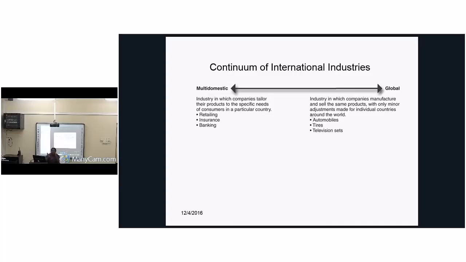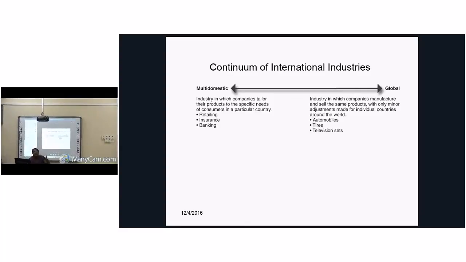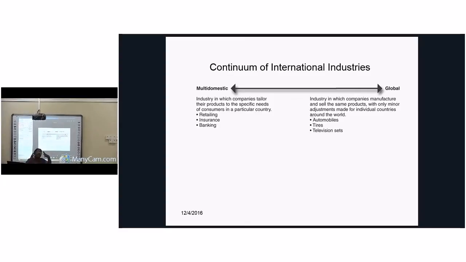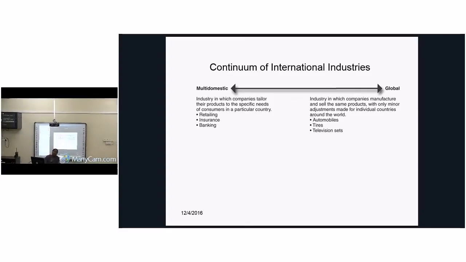Global companies face stronger pressure than multi-domestic companies. So based on the continuum of internationalization of these industries, again the pressure from these forces is different.